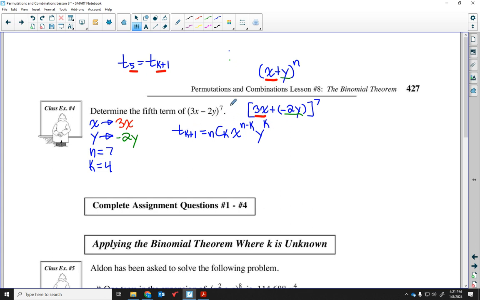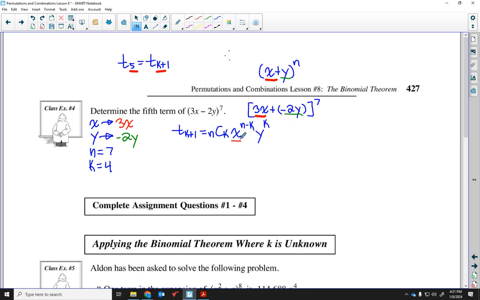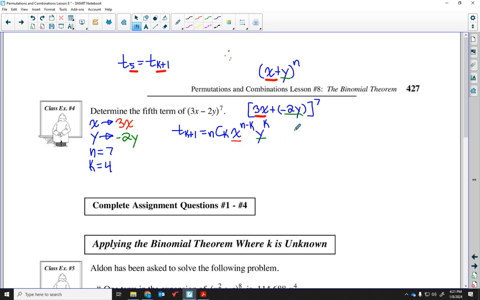So we're going to sub k and n in, but you also have to sub in what we're replacing x with and what we're replacing y with. So if I do that now, it would then be t, k is 4, so 4 plus 1. Note right there, 4 plus 1 will give me term 5, is equal to n, which is 7, choose k, which is 4. So 7 choose 4.